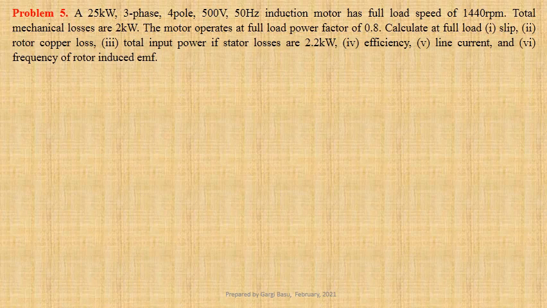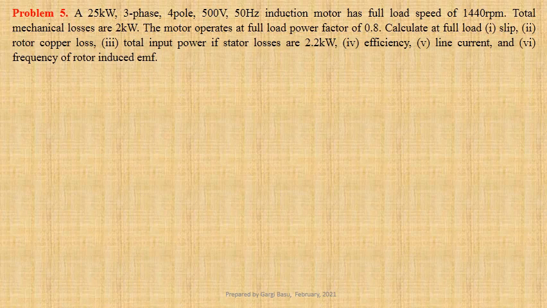Problem number 5. A 25 kilowatt 3-phase 4-pole 500 volt 50 Hz induction motor has full load speed of 1440 rpm. Total mechanical losses are 2 kilowatt.